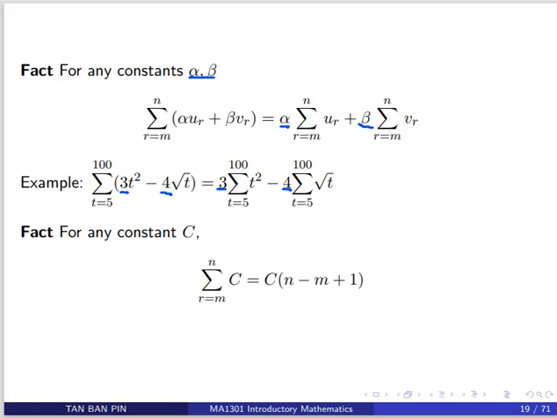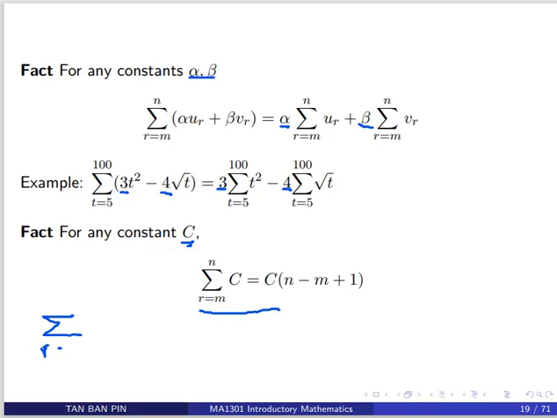Next, we'll be looking at the second result here, which tells you if you consider summation c, R from M to N, then the answer is just c times N minus M plus 1. c is a constant. I will show you another result before I show you this result.